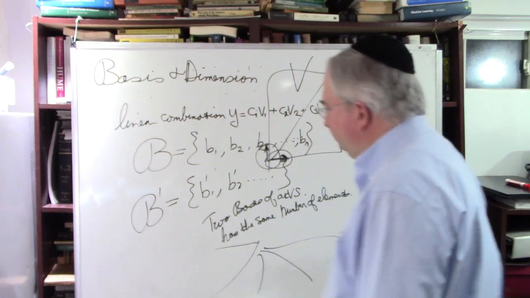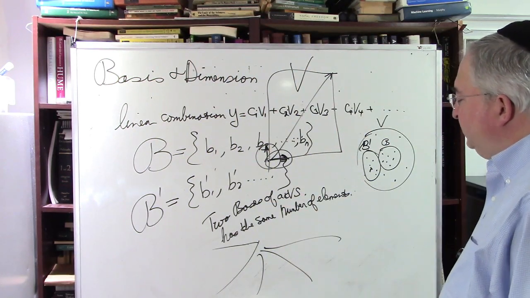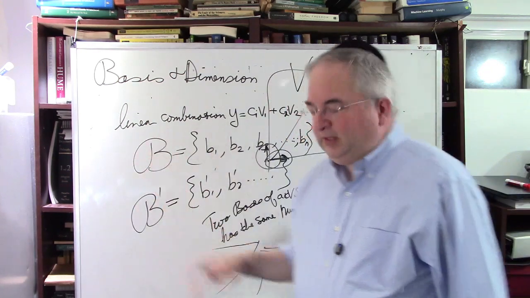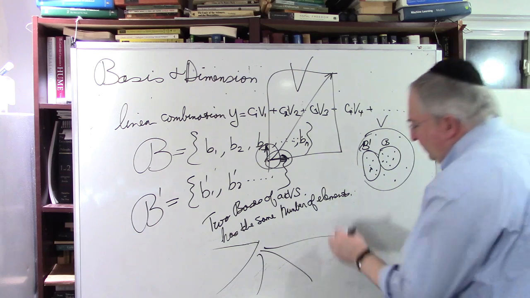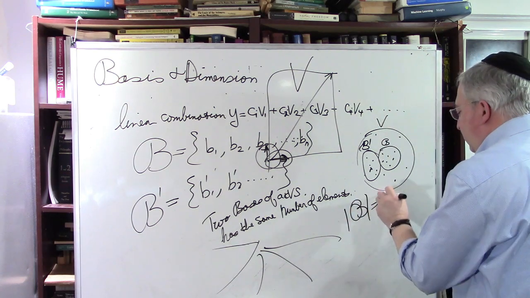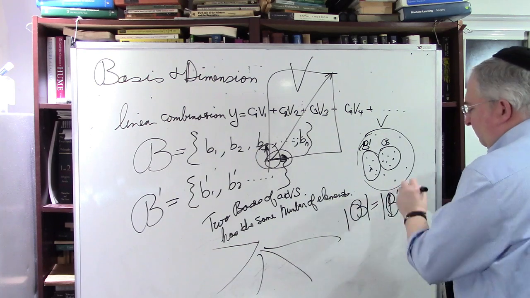Two bases of a complex vector space have the same number of elements. My examples are about real vector spaces, but it doesn't matter. So the number of elements in B is equal to the number of elements in B prime.